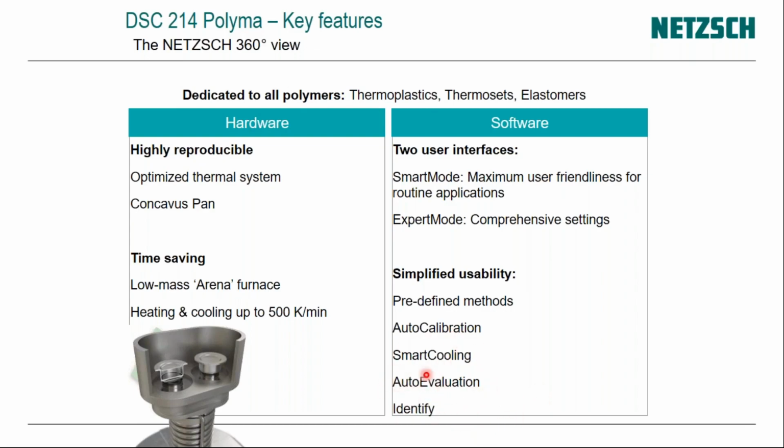I would like to highlight some of the tools in the coming slide, like auto evaluation. What is auto evaluation? Identify, which is basically to identify unknown polymers, so it's basically a database. Then smart cooling, then the auto calibration, and some predefined methods in the software.